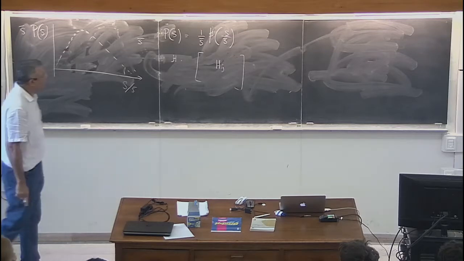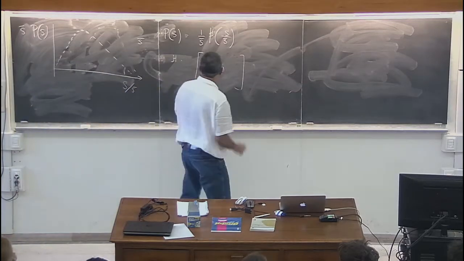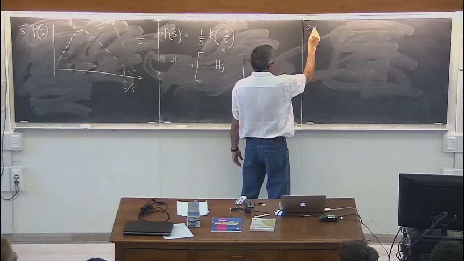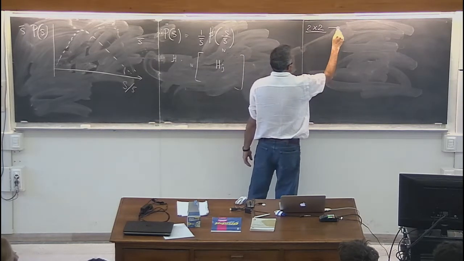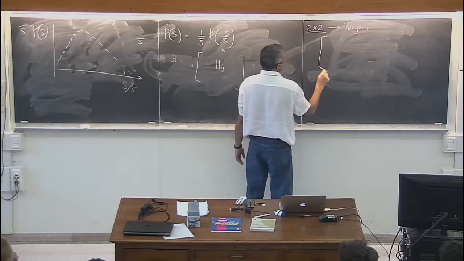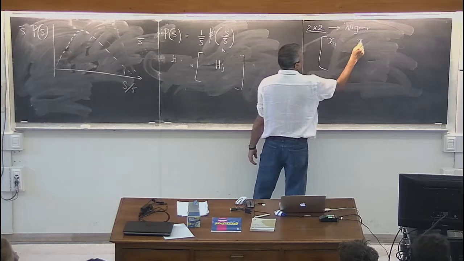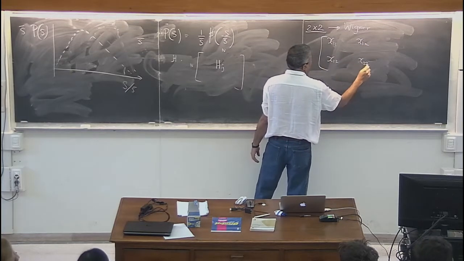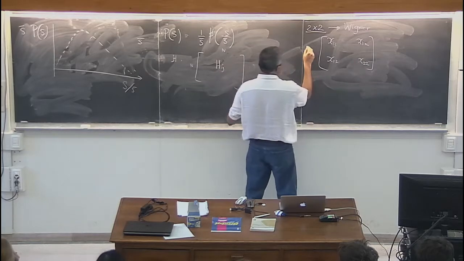Indeed, Wigner couldn't calculate this for an n by n matrix, so what he did is just a 2 by 2 real symmetric matrix. You take a 2 by 2 matrix, x11, x12, and x12, x22. It's a real symmetric matrix. This is your Hamiltonian, basically.